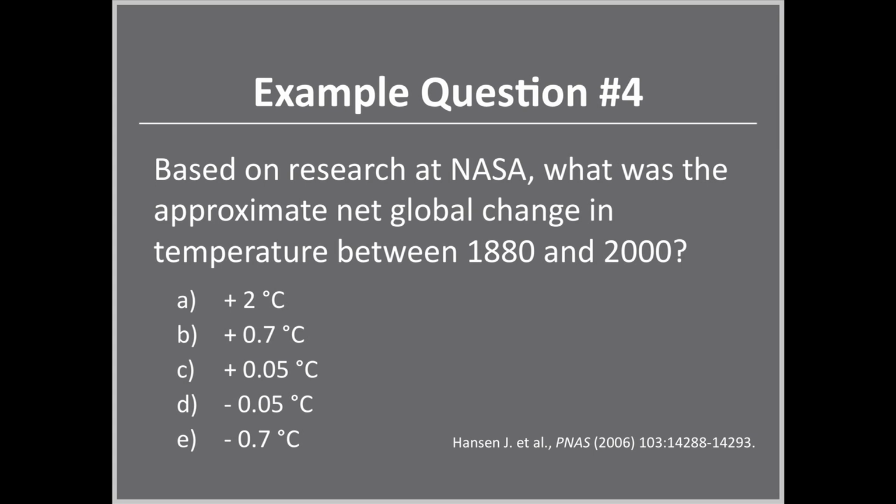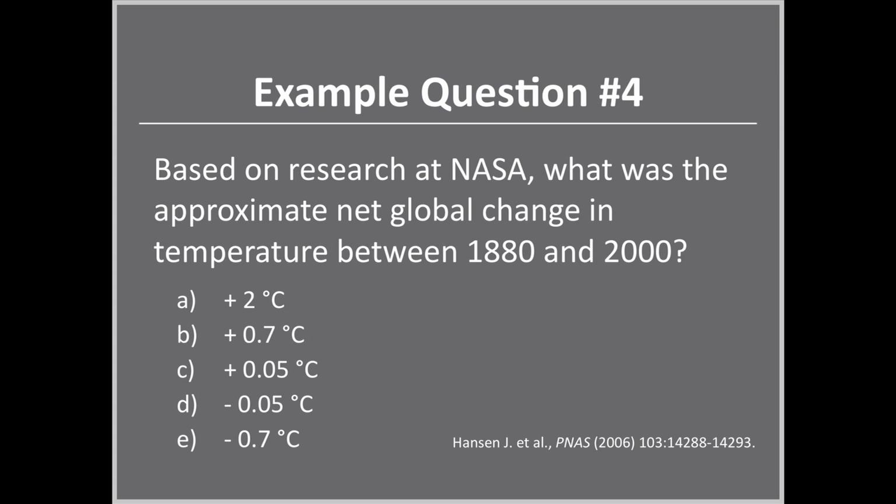Based on research at NASA, what was the approximate net global change in temperature between 1880 and 2000? A, plus 2 degrees Celsius, B, plus 0.7 degrees, C, plus 0.05 degrees, D, minus 0.05 degrees, or E, minus 0.7 degrees Celsius.